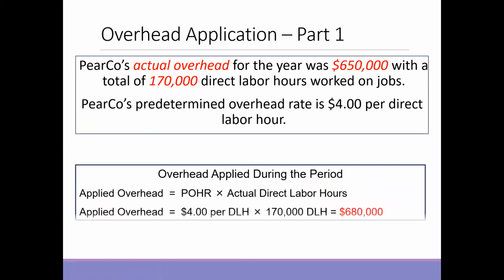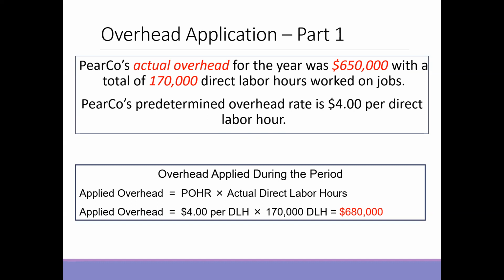Pear Company's actual overhead for the year was $650,000, with a total of 170,000 direct labor hours worked on jobs. Pear Co's predetermined overhead rate is $4 per direct labor hour.